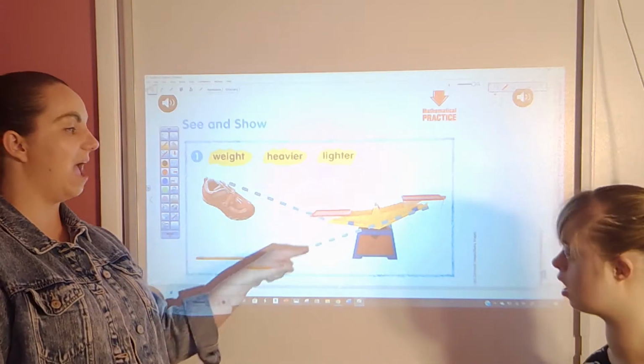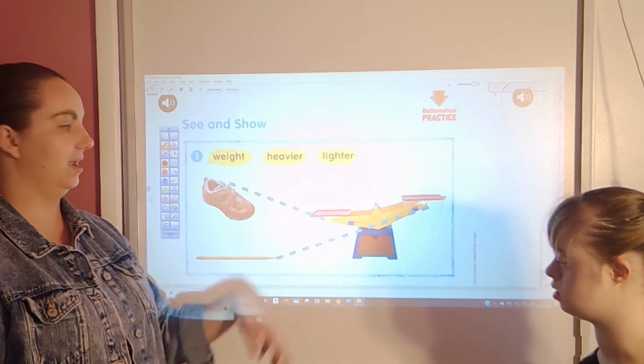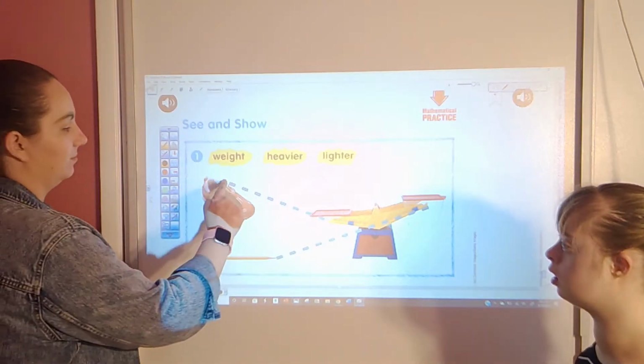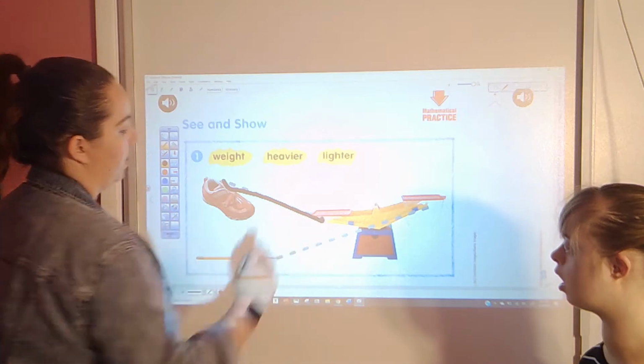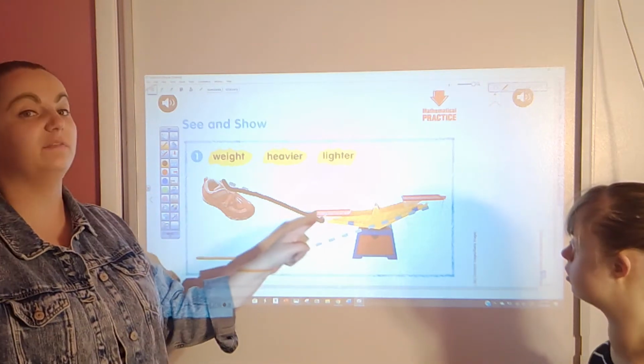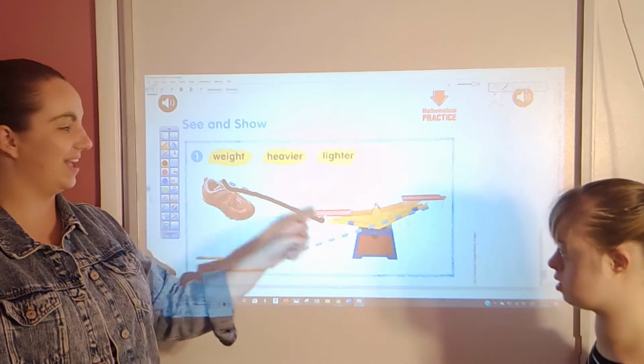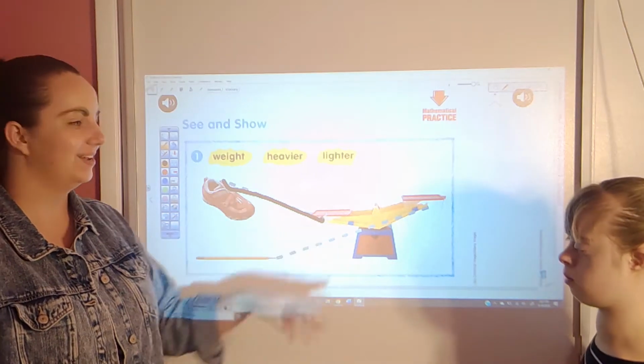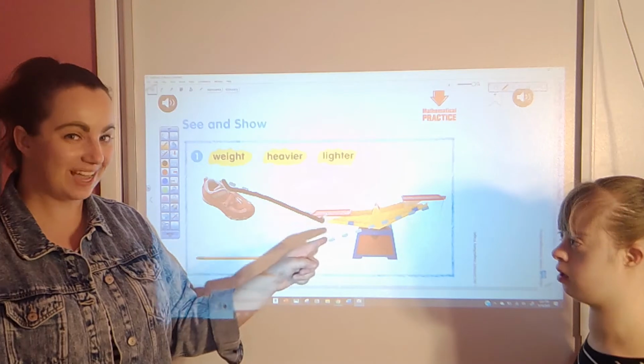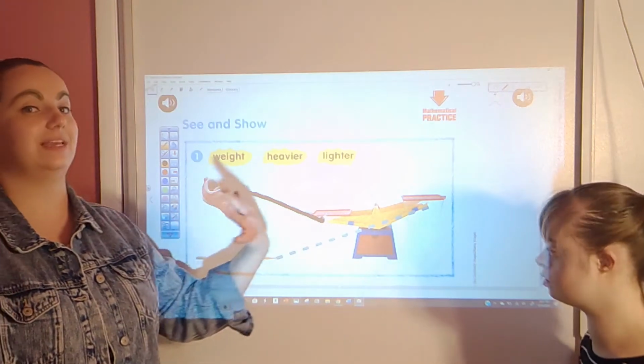So that's heavier. There's a line from the shoe to the heavier side, because the shoe is heavier.